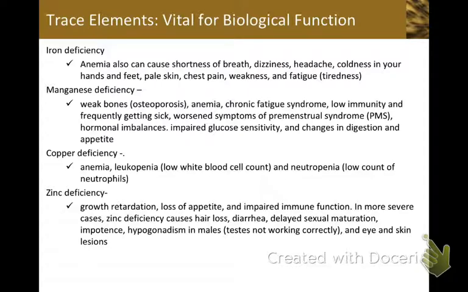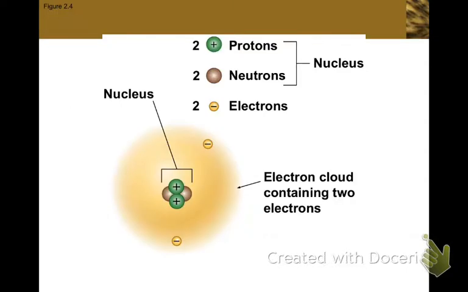Zinc deficiencies can cause growth retardation, loss of appetite, or impaired immune function. So trace elements, I always like to point this out, though they only constitute a small part of the composition of the body, are very much needed for proper function.